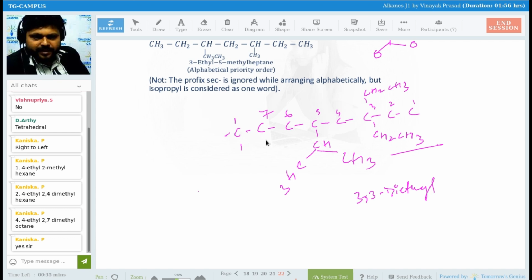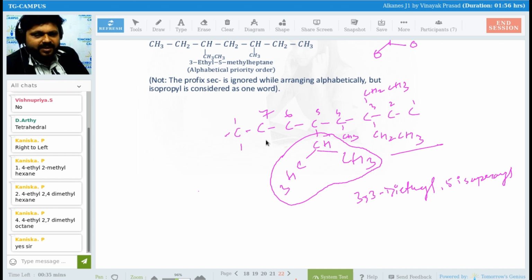See guys, this is isopropyl, right? So 3,3 diethyl, 5 isopropyl, and what is at the 4th position? 5 isopropyl, 4 methyl octane.